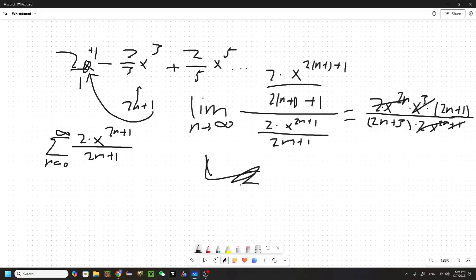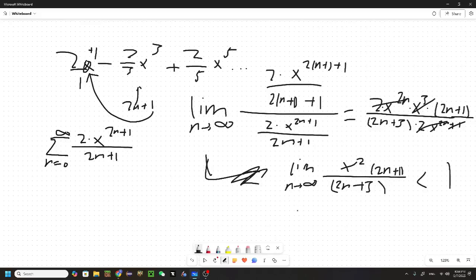Limit, so just ignore this stuff, limit of n approaching infinity, and we can do x squared over 2n plus 1, that's not a 1, then 2n plus 3. Actually, that's the only thing left in the denominator. Then we can set this all less than 1, and now we can find the values by multiplying these two over to the right side.